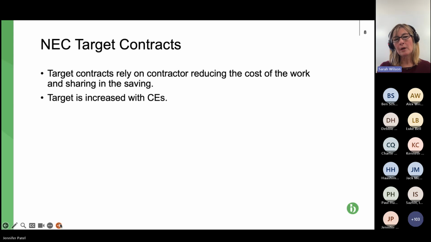So the target cost is increased, or it could be decreased because you can have compensation events that reduce the cost. But anyway, so the CE's impact on the target cost.